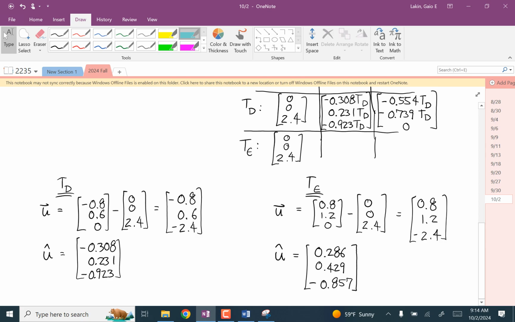And so this force is 0.286 T_E, 0.429 T_E, negative 0.857 T_E.